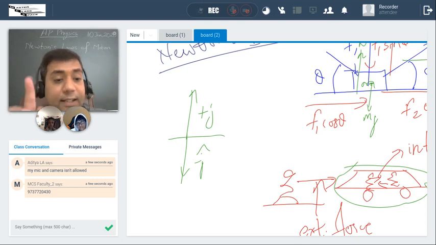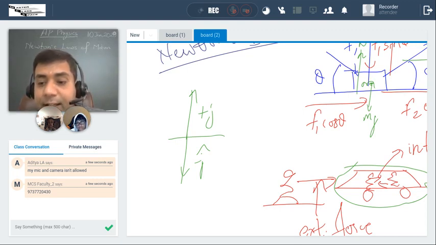I am not writing these with direction, but I can write F1 cos theta i cap plus F2 cos phi i cap equal to m a i cap. But since I am writing in 1D only, one direction only, I don't need to use i and j.